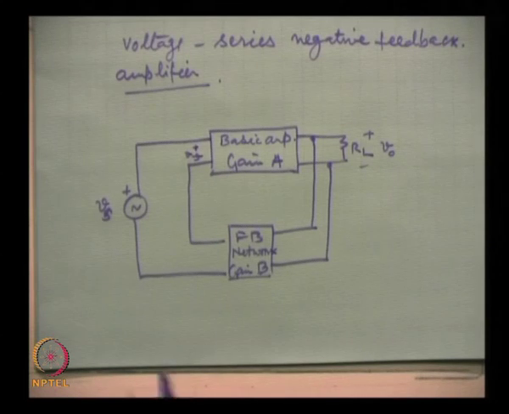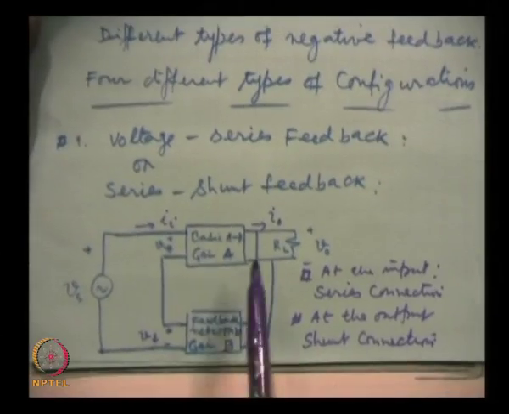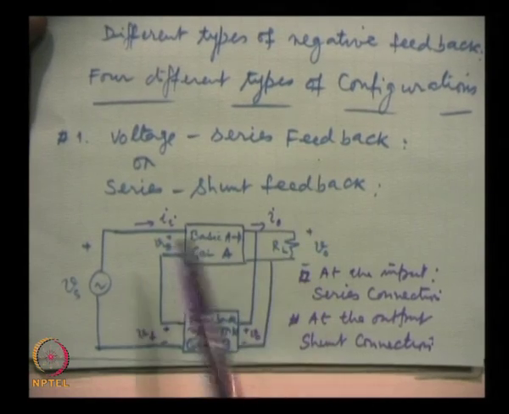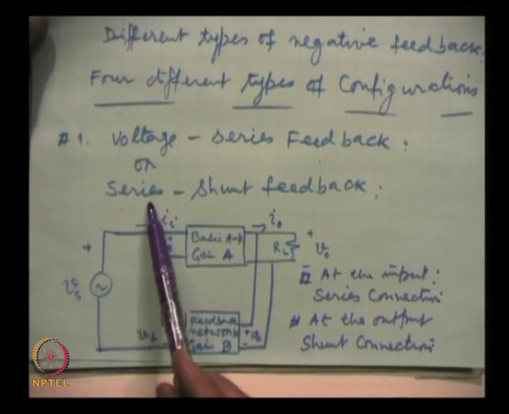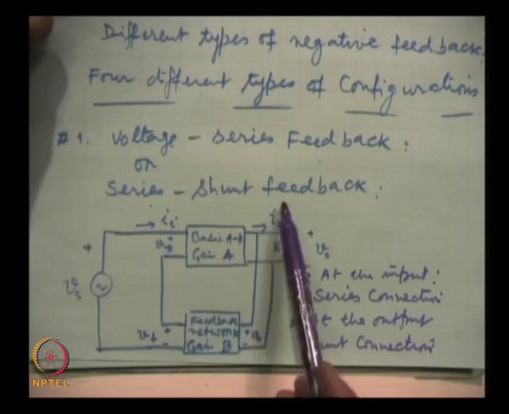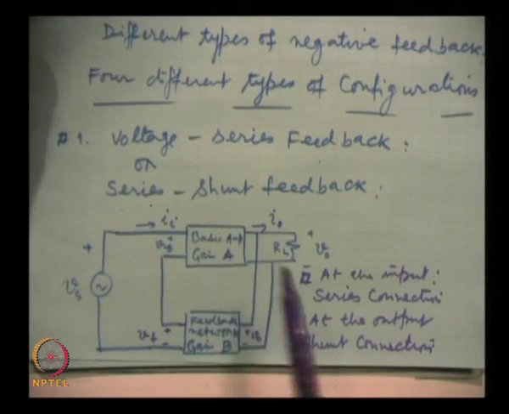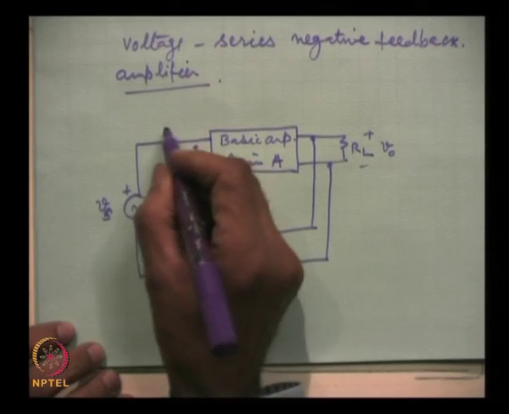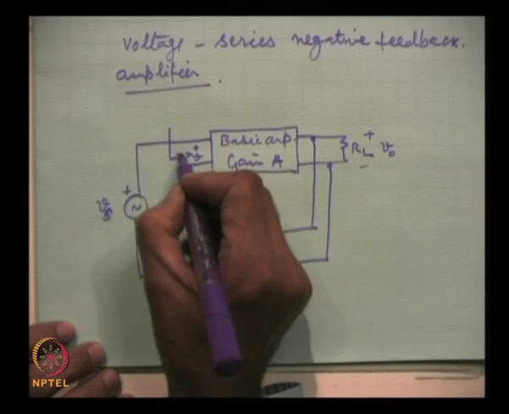This is the circuit from where we started, the first circuit, same circuit, voltage series feedback circuit. Here at the input is the series connection and at the output is the shunt connection. So, this is voltage series feedback. We measure the impedance here.